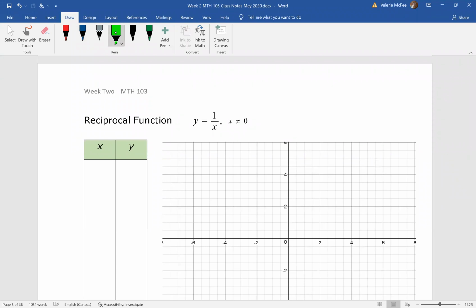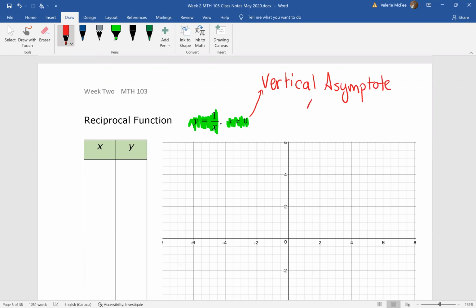Finally, we have our reciprocal function, y equals 1/x, where x cannot equal 0. Let's work through this graph together. We know that x cannot equal 0 here because then the denominator would be 0. This gives us a vertical asymptote. The equation for that asymptote is x equals 0.